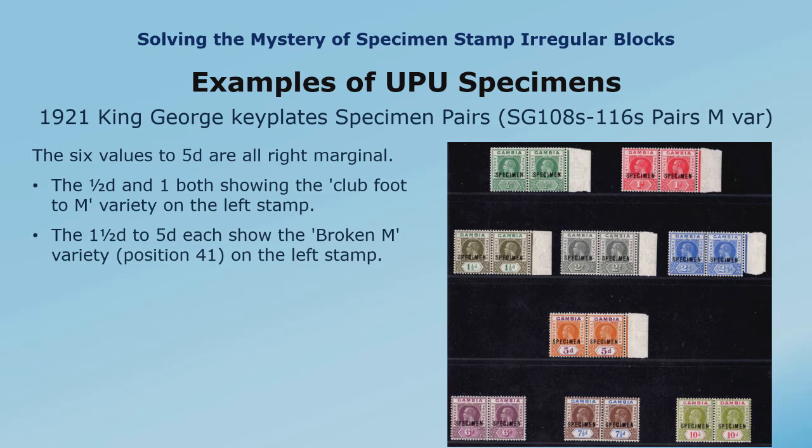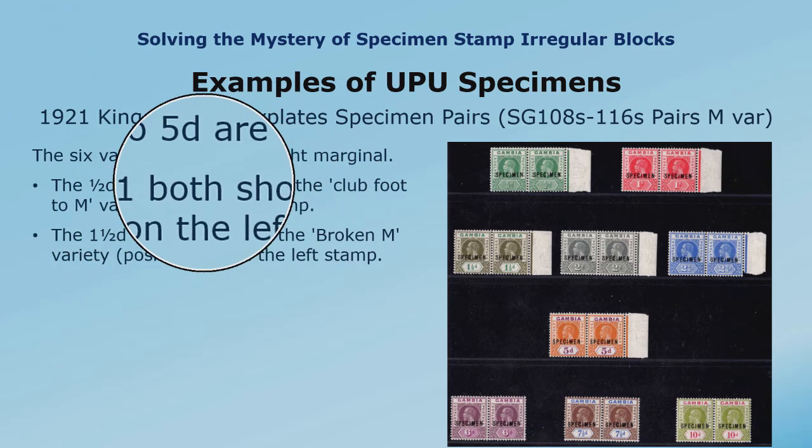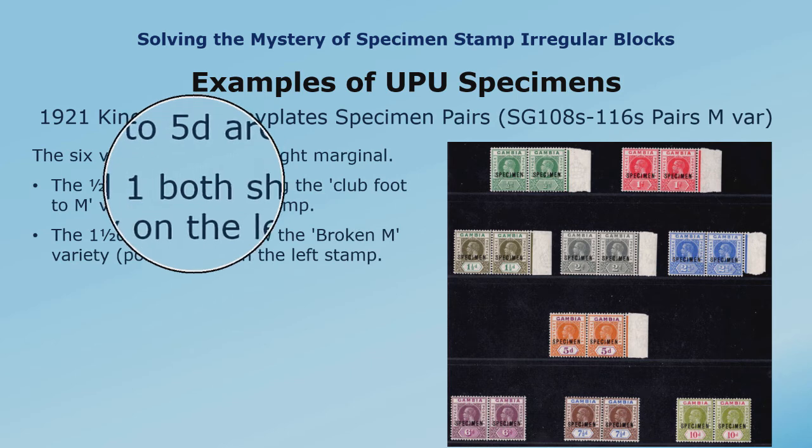So what's interesting about this set, not only are pairs pretty uncommon, but this one's got a number of varieties. The halfpenny and the 1 penny are both showing a club foot on the M, and the penny halfpenny and the 5 penny each show the broken M variety.